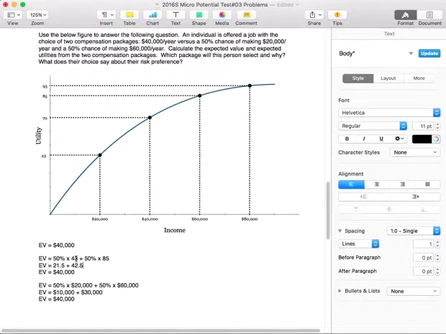And adding those together, that will yield 64. So the expected utility of that payment scheme, where we have a 50% chance of making $20,000 and a 50% chance of making $60,000, is 63.